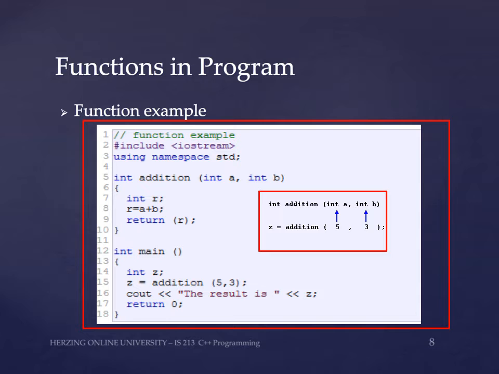Function addition declares another local variable, int r, and by means of the expression r equals a plus b, it assigns to r the result of a plus b. Because the actual parameters passed for a and b are 5 and 3 respectively, the result is 8. Finally, the line of code that says return r, so the program output, as we said, will be 8.